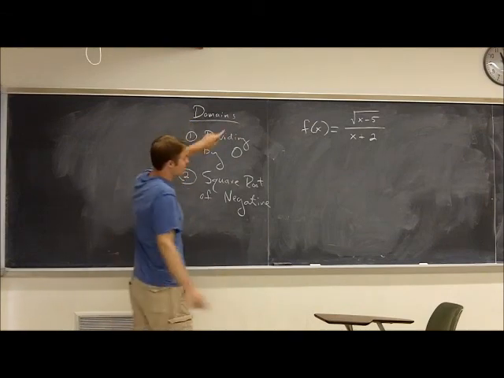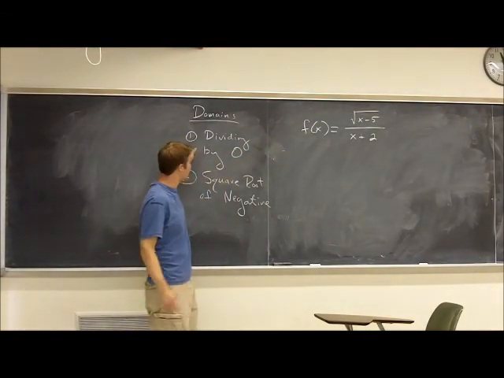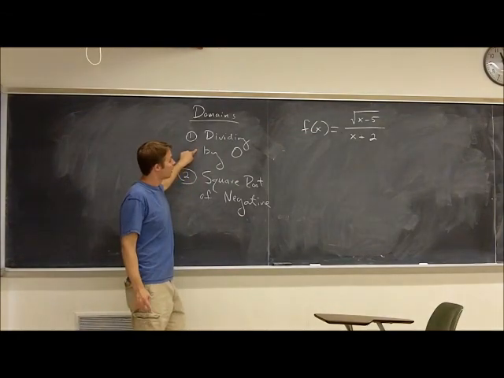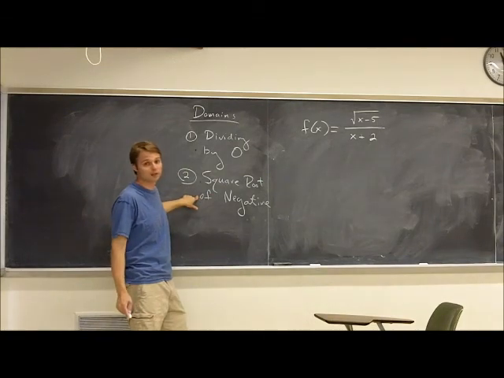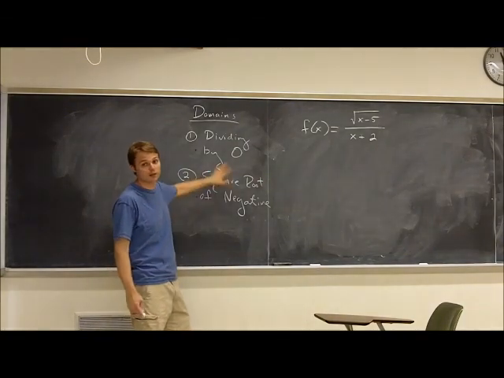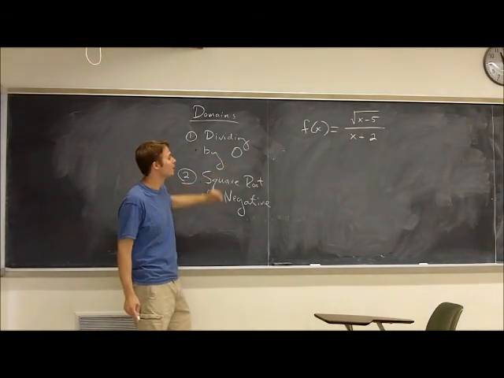So I have to worry about two things. In this case, I do have division, so I do have to worry about dividing by 0. And I also have a square root, so I do have to worry about which x values are going to make me take the square root of a negative. Let's kick those out and not include them in the domain.